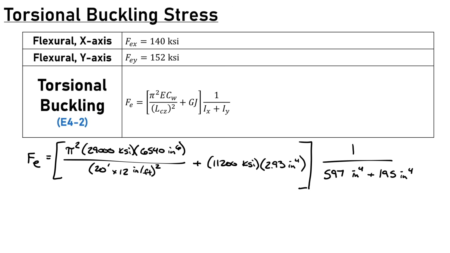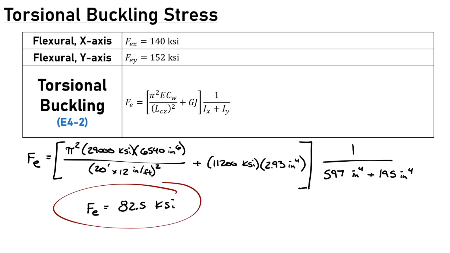Running all those numbers, we'll see that the units are going to be just ksi, and in this case, Fe is going to be 82.5 ksi. That is now our lowest effective stress, so that one controls, and flexural buckling in the x and y axis will not control. So going forward, we're going to use Fe of 82.5.